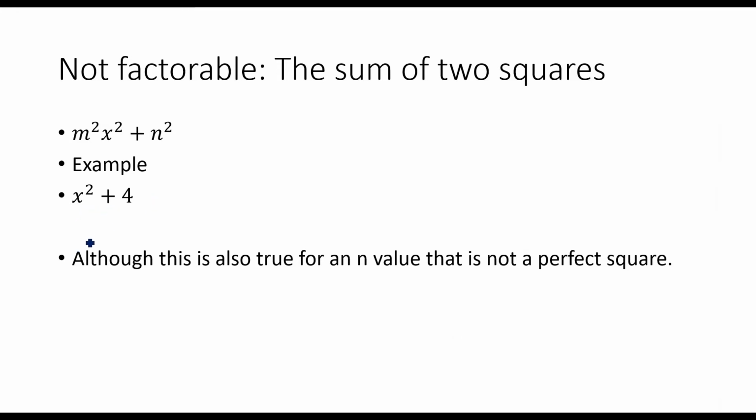Okay, this is going to be true for anything that's not a perfect square at the end. So this is not factorable, meaning that you cannot break it up into pieces. That's as far as it goes. Now if you were to try to solve this for zeros for your solutions, like x squared plus 4 equals 0, you're going to get no real solutions.